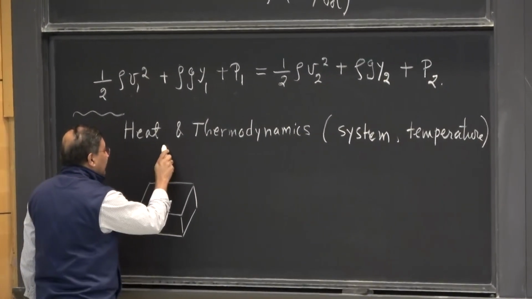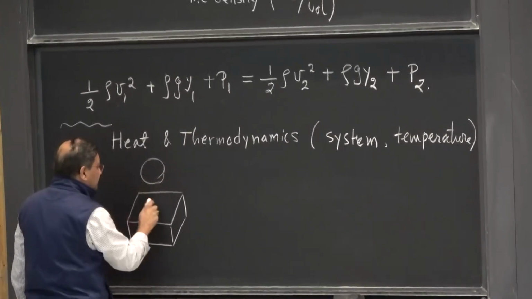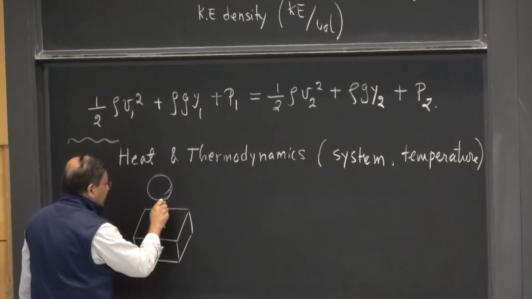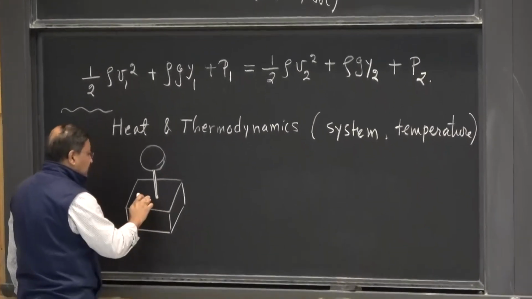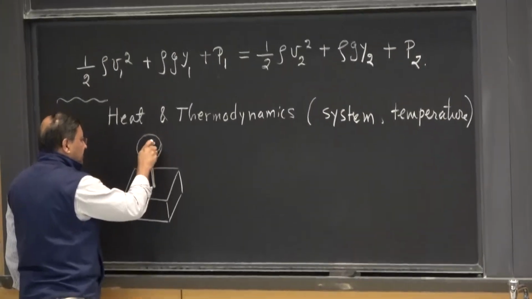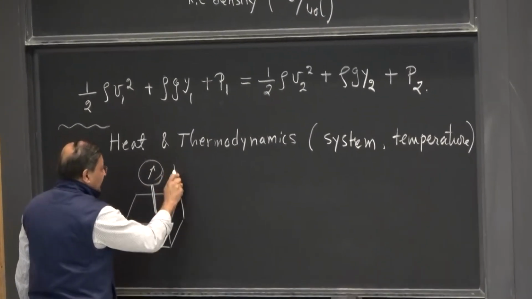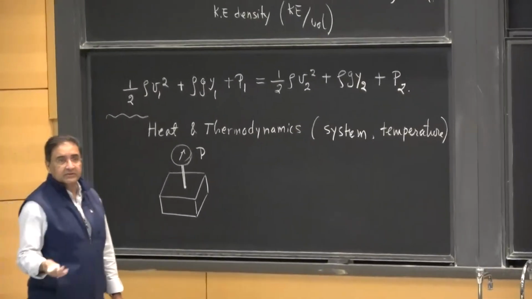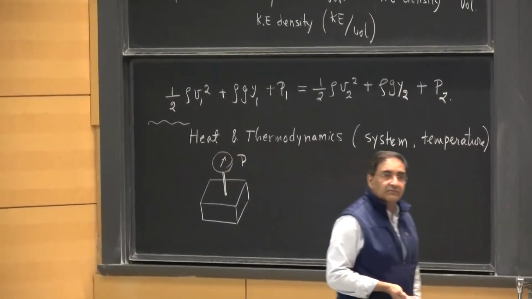Now I take a pressure gauge, and I stick this pressure gauge in the container so that I can measure the pressure of the gas. Let's say this pressure gauge gives me some reading. And you know what pressure is. Pressure, as we just discussed, is force per unit area, right?